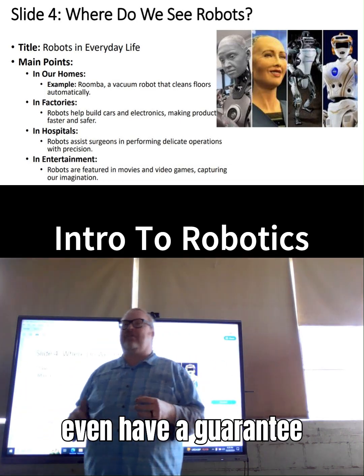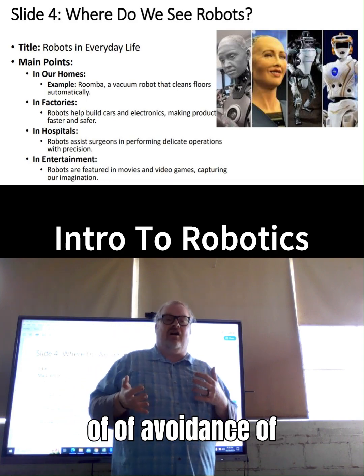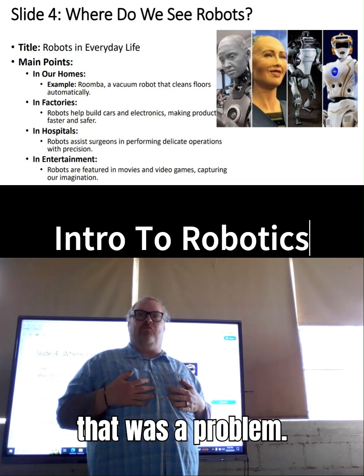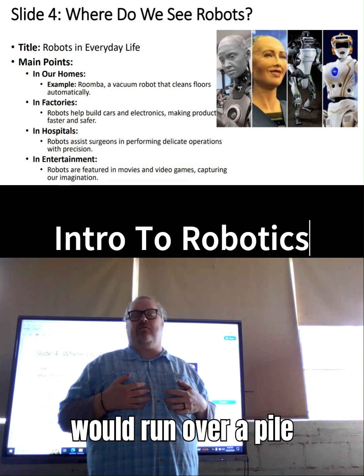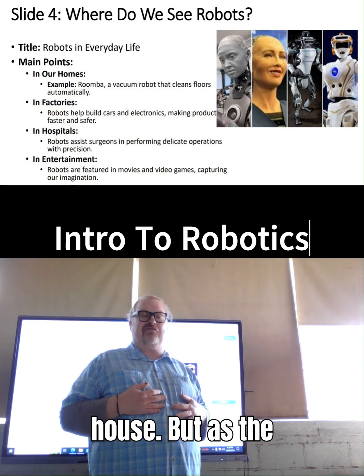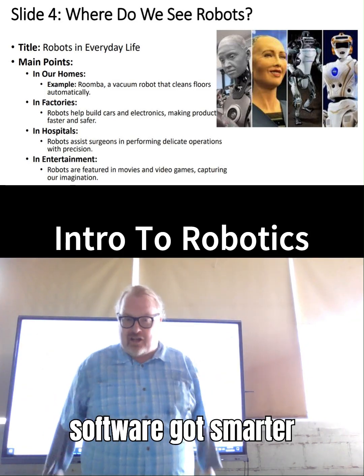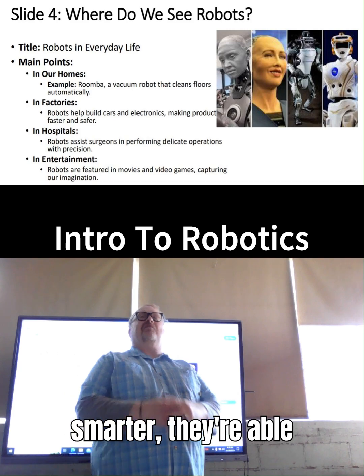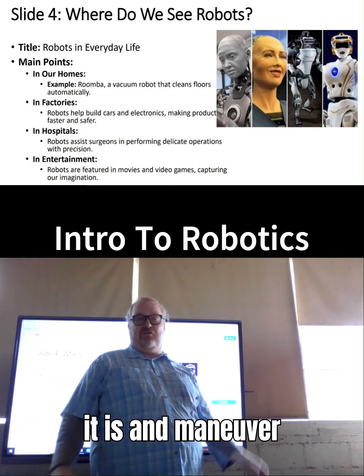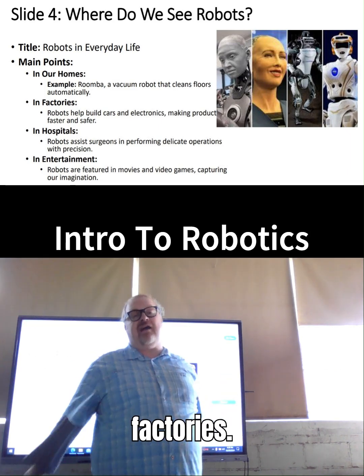Some of them even have a guarantee of avoidance of doggy doo-doo. So that was a problem when these robots first came out. They'd run over a pile of doggy doo-doo and get it all over the house. But as the software got smarter and the robots got smarter, they're able to maneuver around it. Well, first of all, recognize what it is and maneuver around it. We see them in our factories.